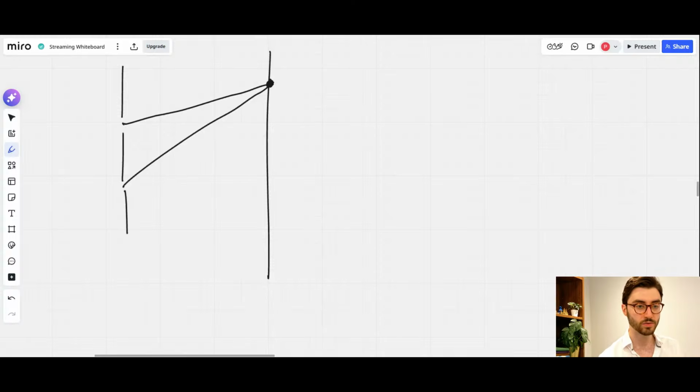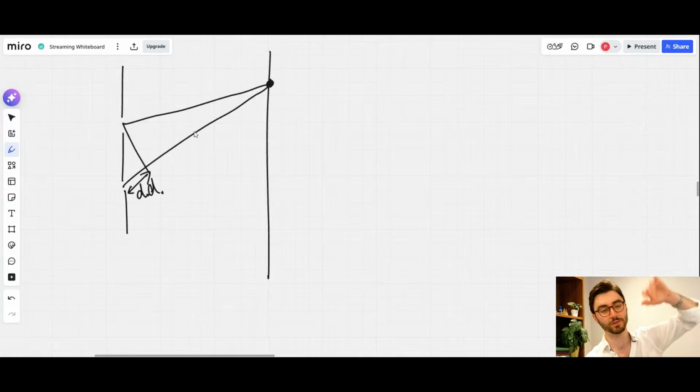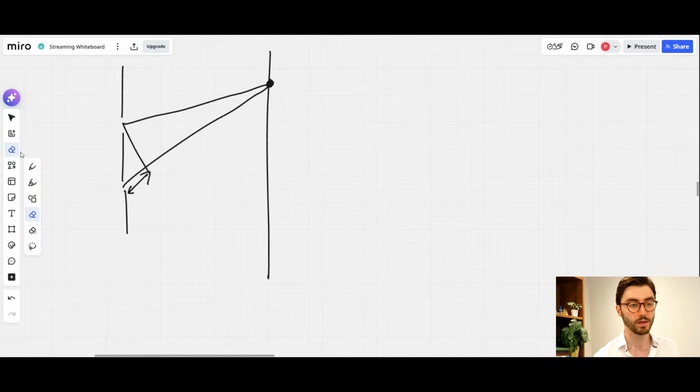So here, if I draw this line, this shows the path difference. I know the diagram is not great, but this would be the path difference. The light from the lower slit has to travel a further distance to get to the same point.